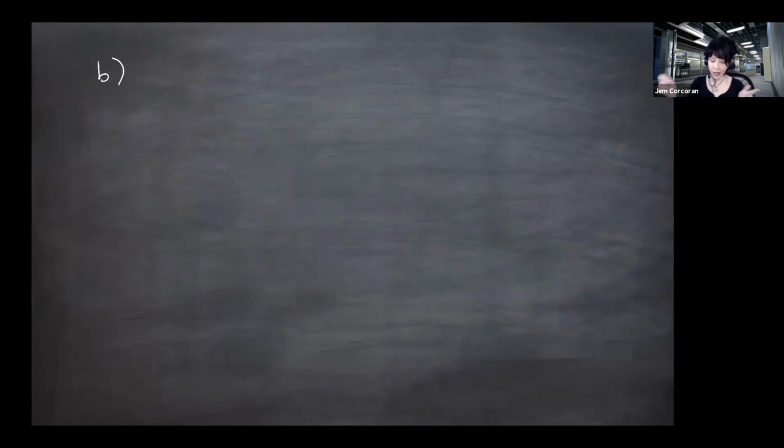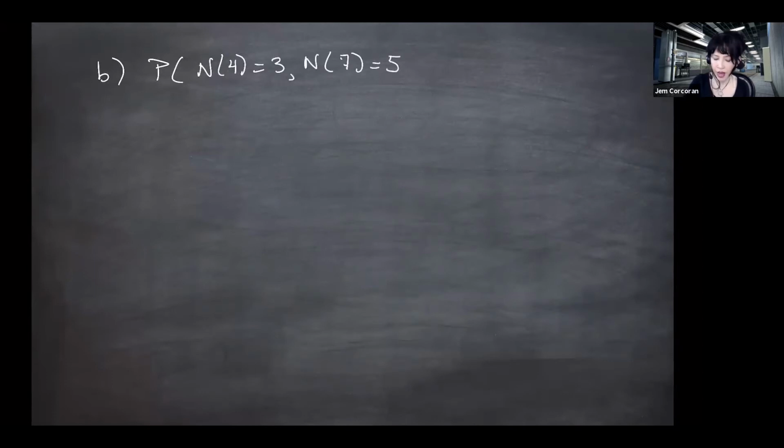Okay, my next question is, what is the probability, so this is going to be a joint probability, that N of 4 is equal to 3 and N of 7 is equal to 5. So we have 2 random variables here, and they are dependent on each other because they are accumulating these steps up in the counting process.